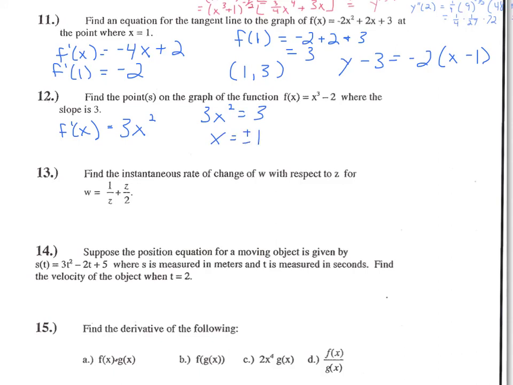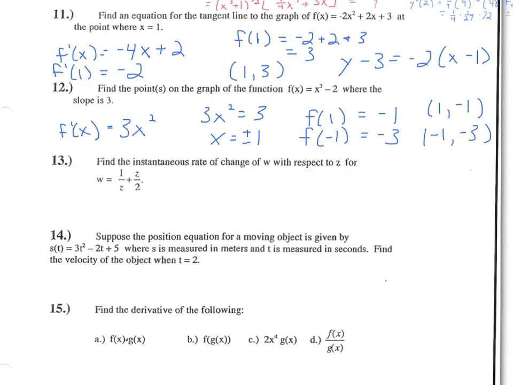So there'll be 2 points on the graph that we know of where the slope will be 3. So to find the y values, I can just plug them in. So f of 1 will be negative 1. And f of negative 1 will be negative 3. So my 2 points are (1, negative 1) and (negative 1, negative 3).